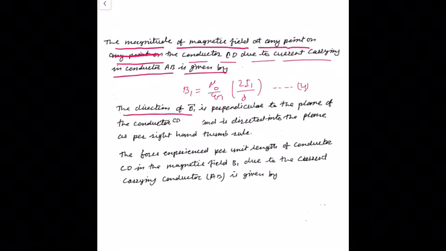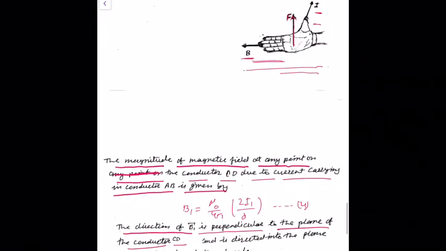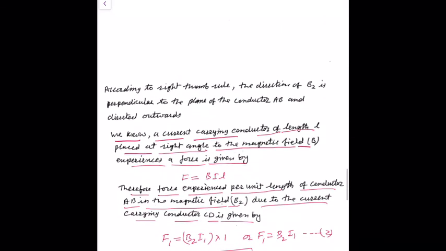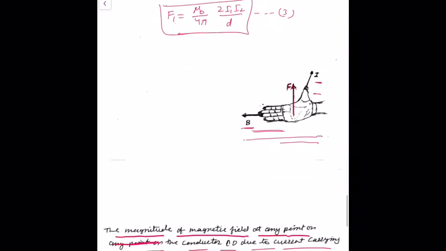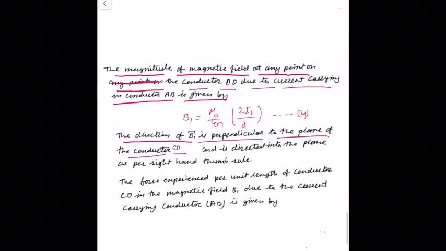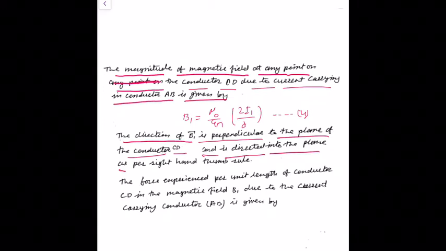The direction of B1 vector is perpendicular to the plane of the conductor CD as shown in the diagram, clear, and is directed into the plane, as per right hand thumb rule.